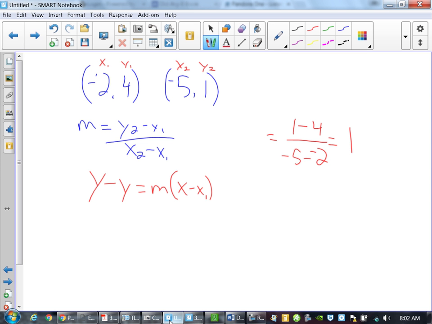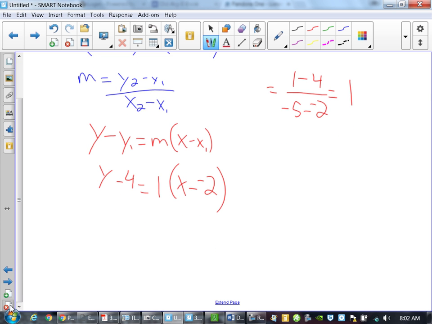All right. So if I substitute in, I'll just use the first ones because it's already labeled. First point. Rewrite it through. So it's y minus 4 is 1, x minus a negative 2. Now, that portion in the parentheses, your calculator won't do x minus negative 2 and simplify it for you.